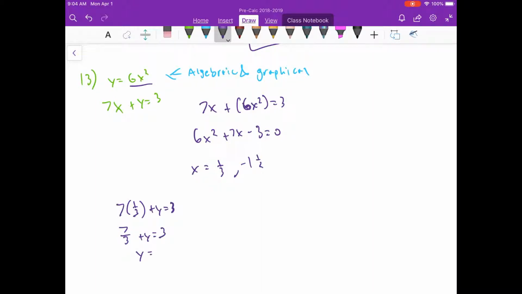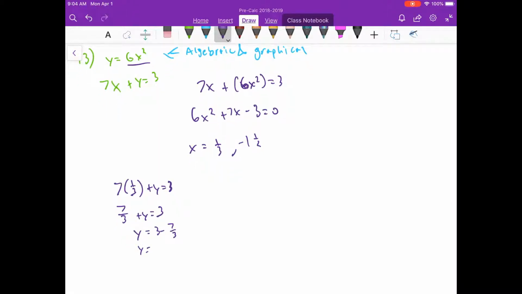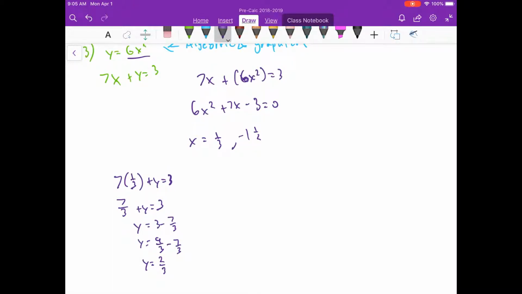Y equals 3 minus 7/3, or 9/3 minus 7/3, so y equals 2/3. That seems pretty clear. So one of the points is (1/3, 2/3). Great.